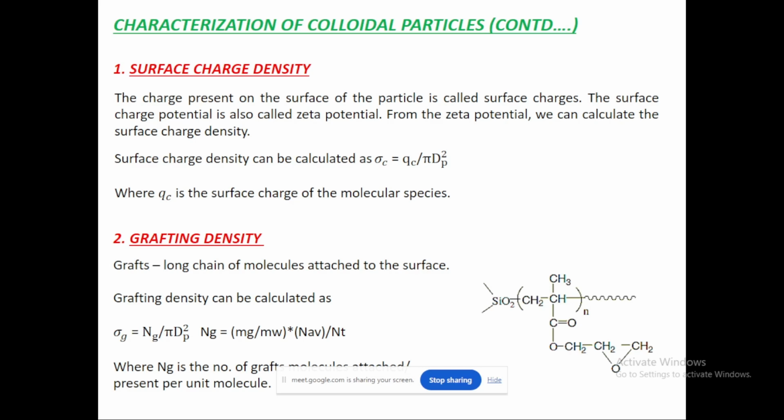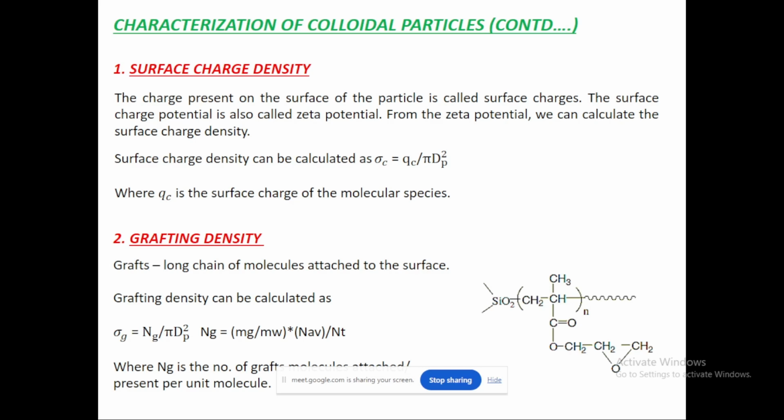So what is this surface charge density? It signifies the amount of charge present on the surface of the particle per unit area of the particle. In a colloidal dispersion, the charges present on the surface of the particle are called surface charges.